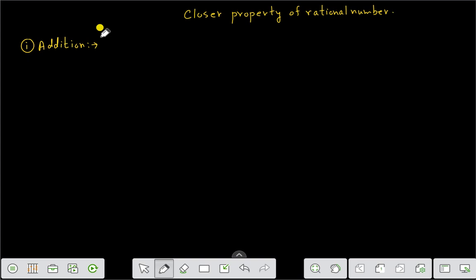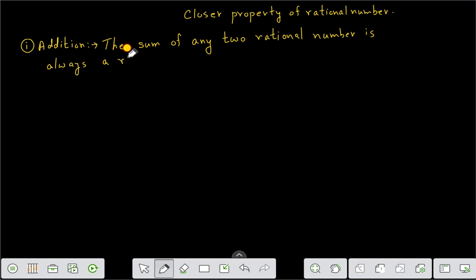Here the rule is: the sum of any two rational numbers is always a rational number.